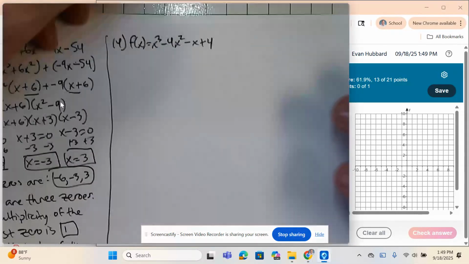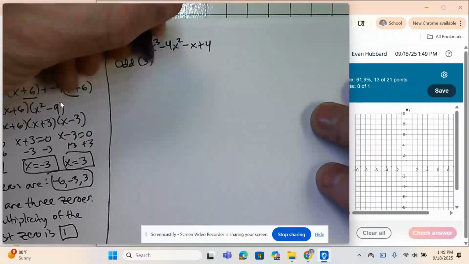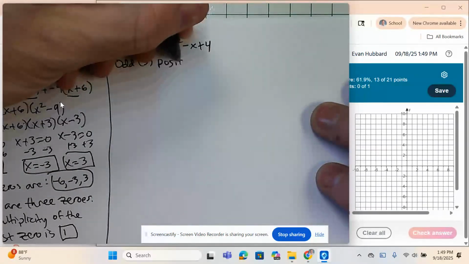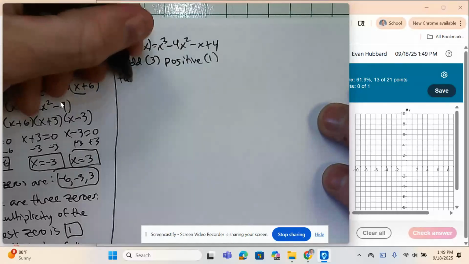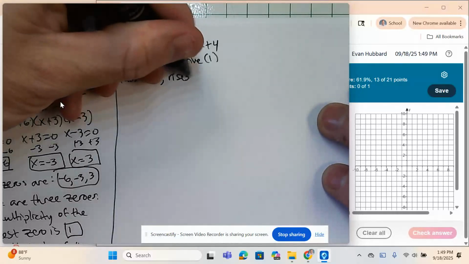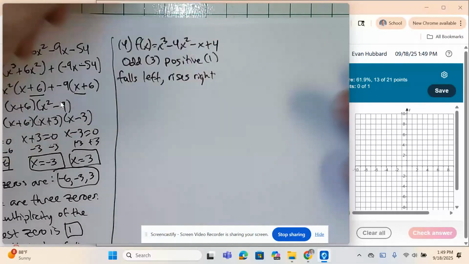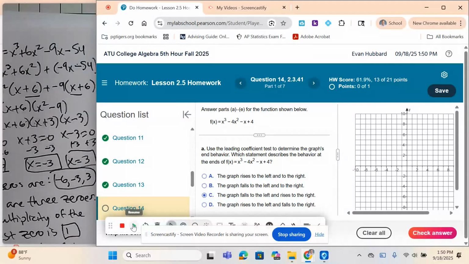This is an odd positive because you've got an odd degree and a positive leading coefficient. Odd positives fall to the left and rise to the right. So the graph falls to the left and rises to the right.